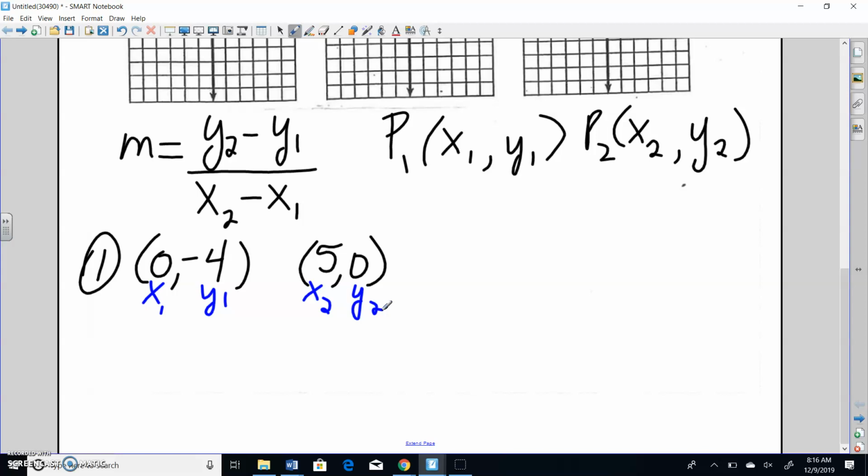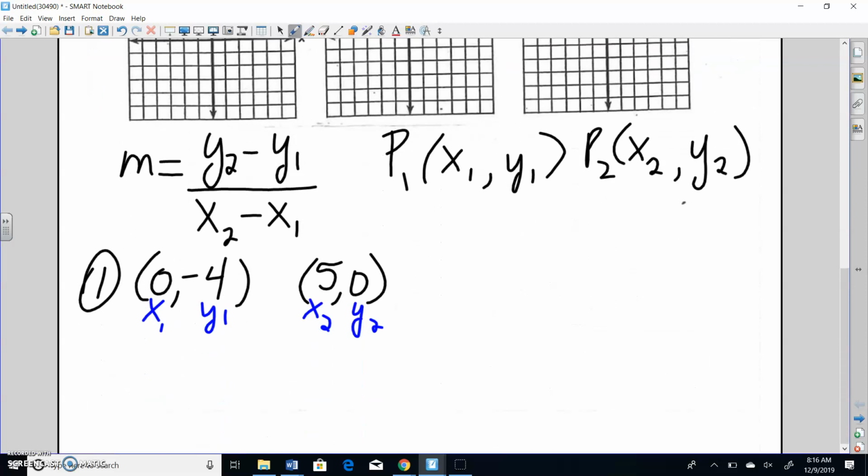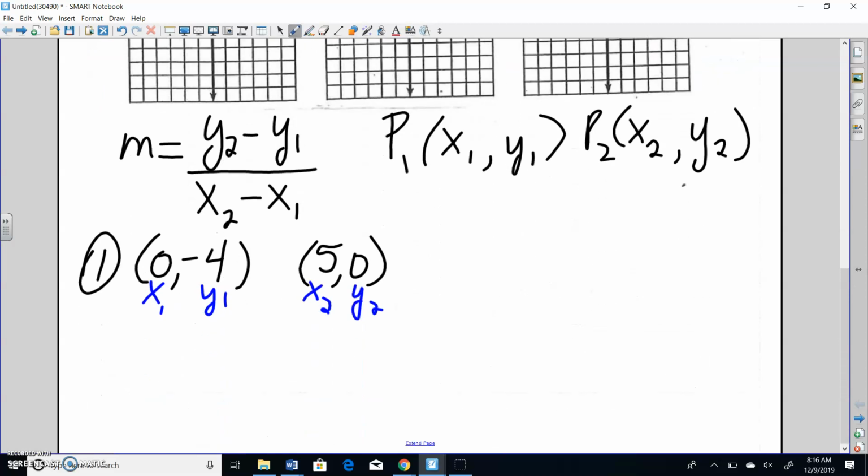And this is from problem number 1. So we want to get a slope of 4/5. We'll see if we get that using the formula.